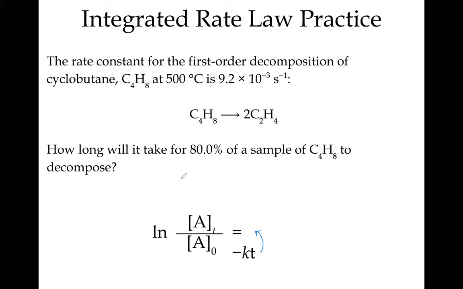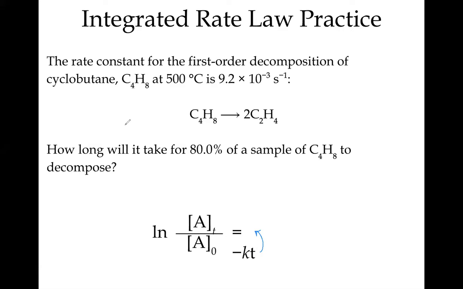Let's practice it out. The rate constant for a first order decomposition of cyclobutane at 500 C is 9.2 times 10 to the negative third per second. Okay. Now, here's the formula here.